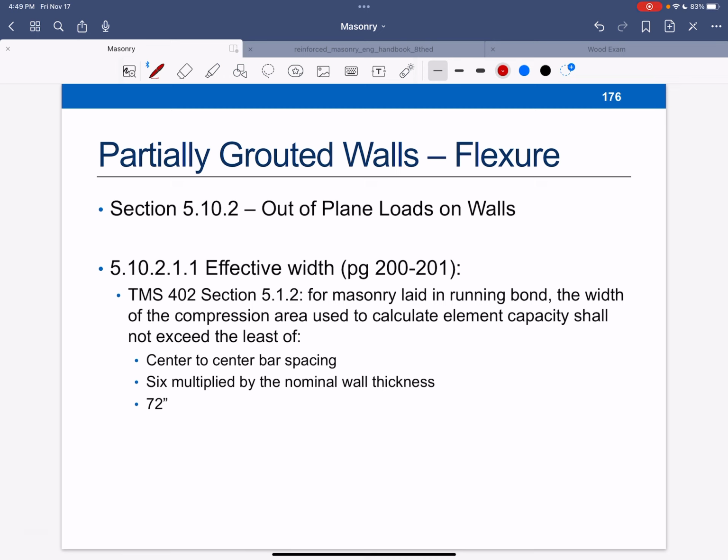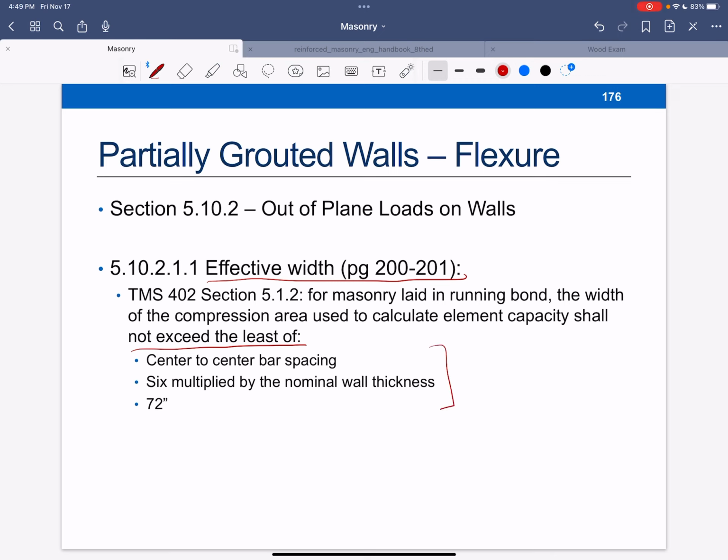One thing I do need to look at for design is effective width. So you remember doing this when you have T-beams as well, right? We have an effective width. It's a similar type of calculation. It is the least of the three. So you look at center to center bar spacing, 6 times the nominal wall thickness, or 72 inches.